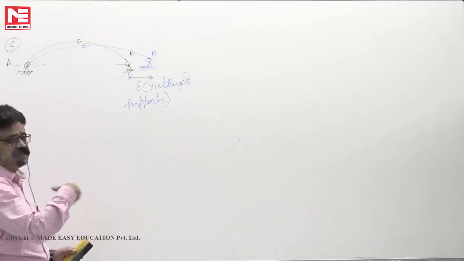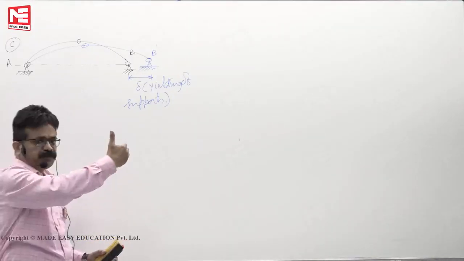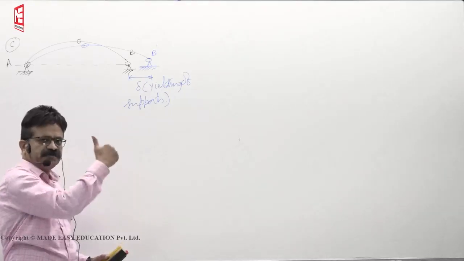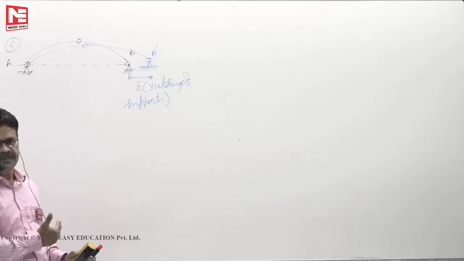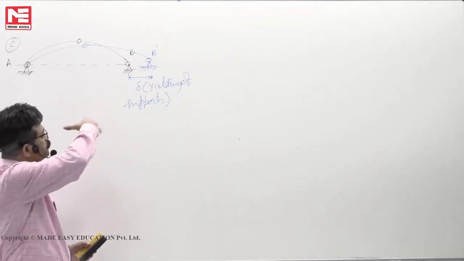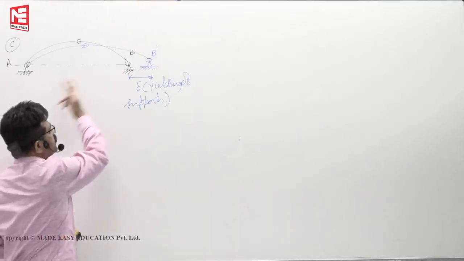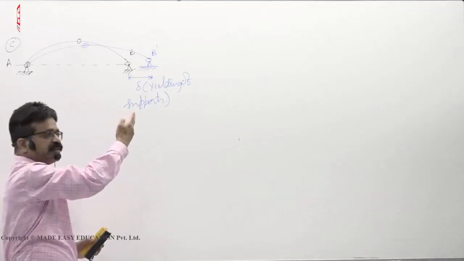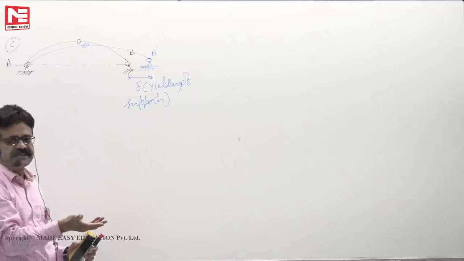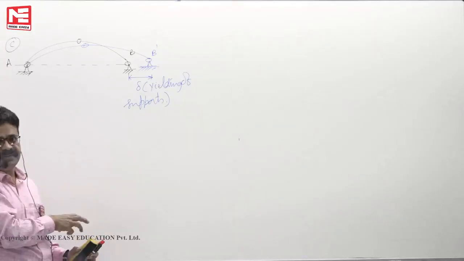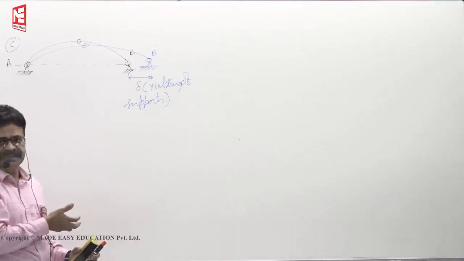Then you have studied in soil mechanics that the pressure exerted by the soil on the pier is called passive earth pressure. If this goes inside, towards the water side, then the pressure exerted by the soil on the pier we call active earth pressure.